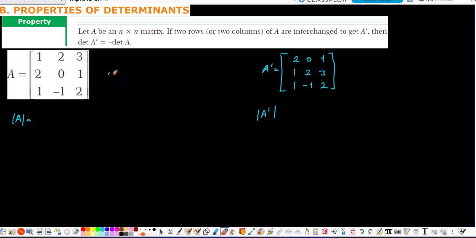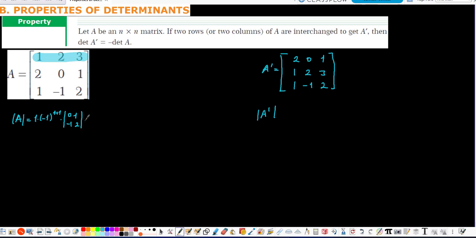Firstly, we have to select one of the rows. I'm going to choose the first row, and in both of the questions I'm going to choose the first row. So the determinant of A should be like this: 1 times minus 1 to the power of 1 plus 1, first row, first column, times the minor of this part, which is 0, 1, and minus 1 and 2.